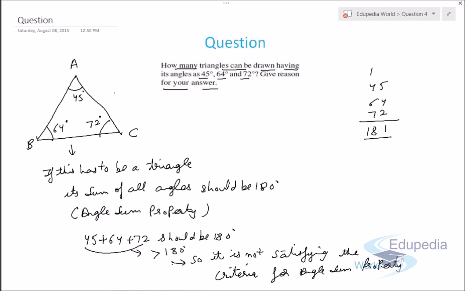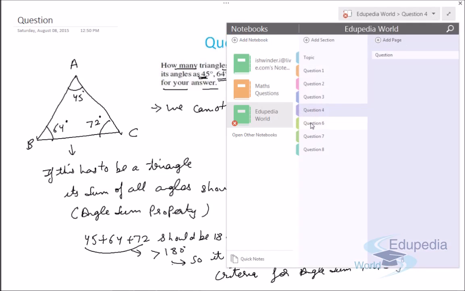So we can say that we cannot have a triangle with these angles 45, 64 and 72 degrees. So let's move on to the next question, question number 5.